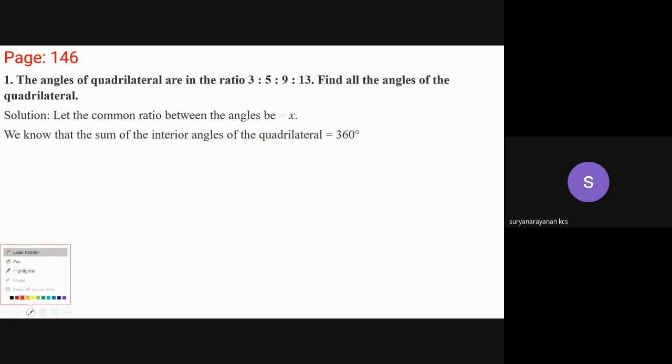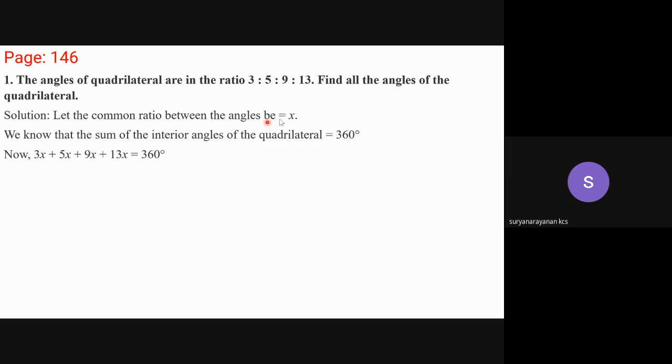Understood this second line? In the solution, this is nothing but the angle sum property of a quadrilateral. Okay, my children. Now, 3x plus 5x plus 9x plus 13x is equal to 360 degrees, because the first angle is 3 parts, the second angle is 5 parts, the third angle is 9 parts, and the fourth angle is 13 parts.